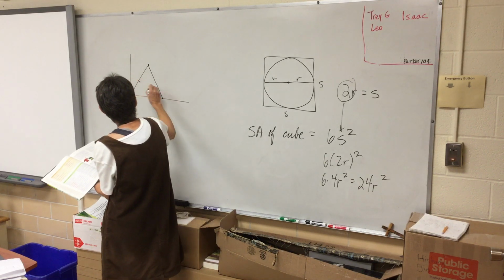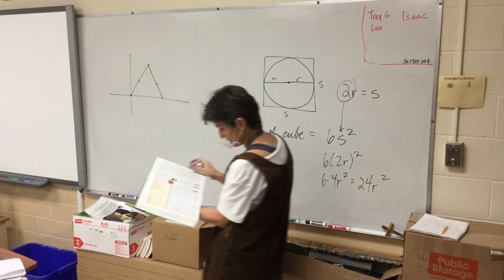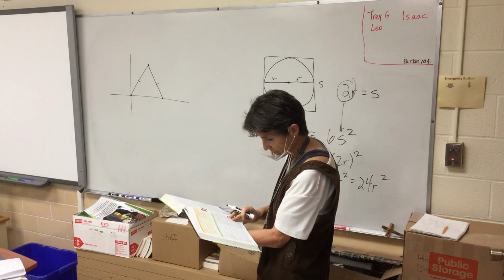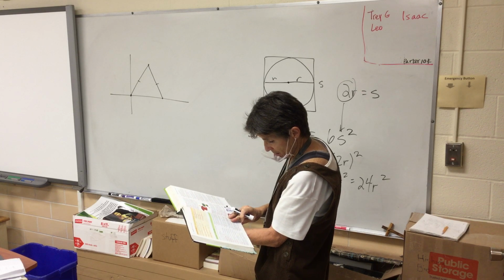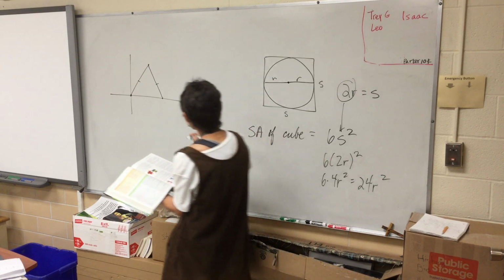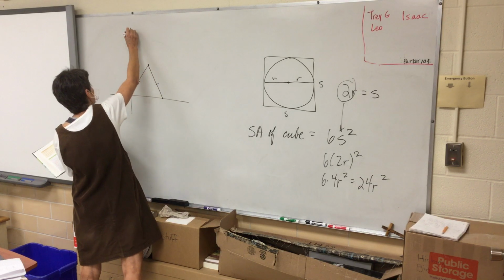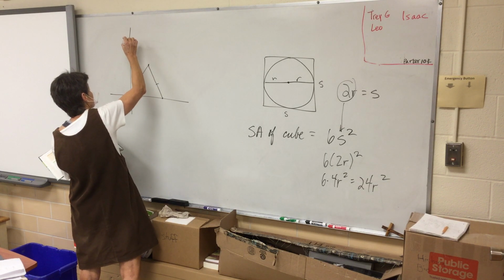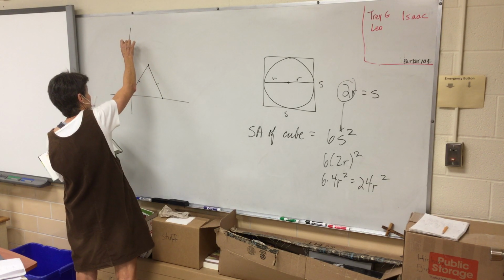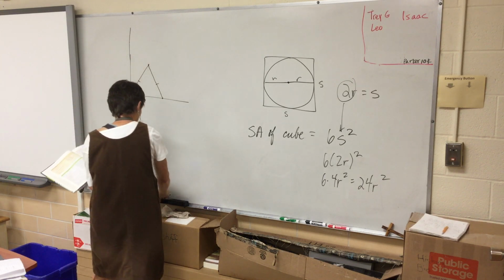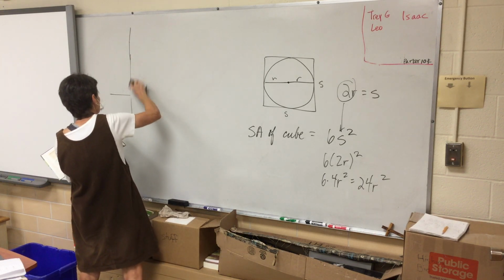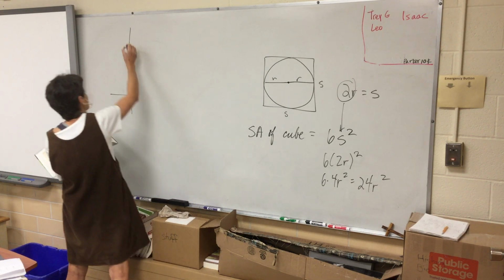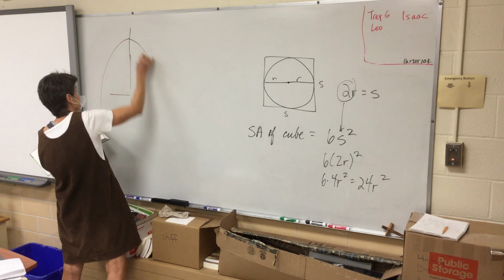So here's my isosceles triangle. And it's on the graph of 6 minus x squared. Actually, let me draw that in first. So 6 minus x squared looks like this.